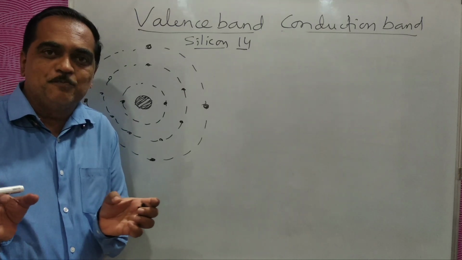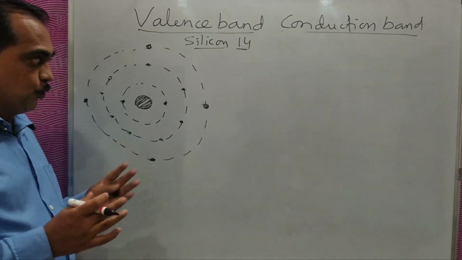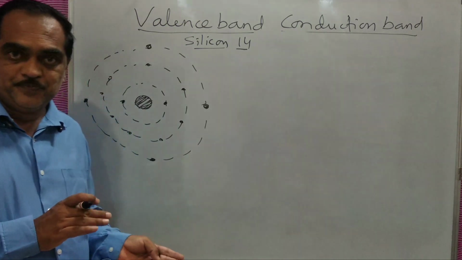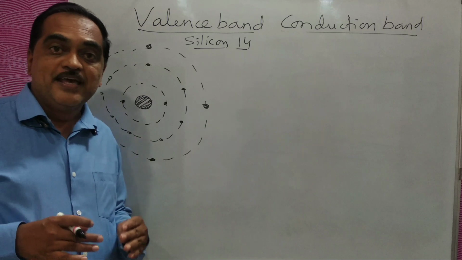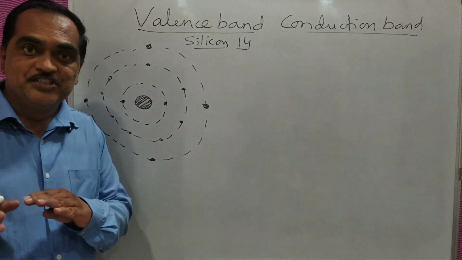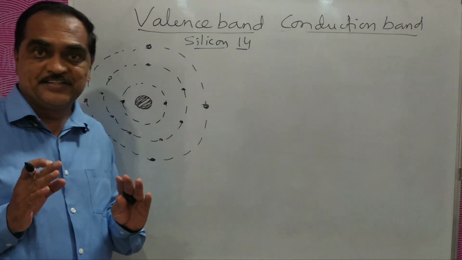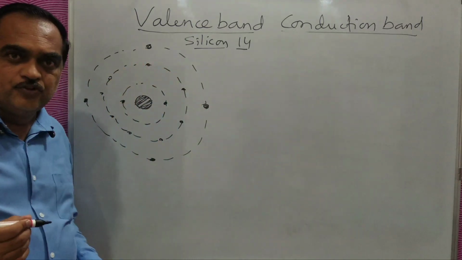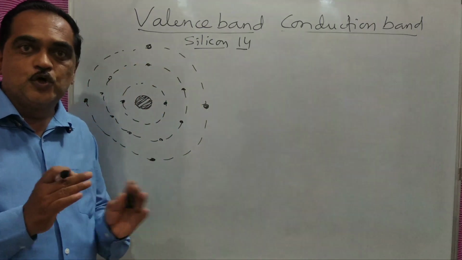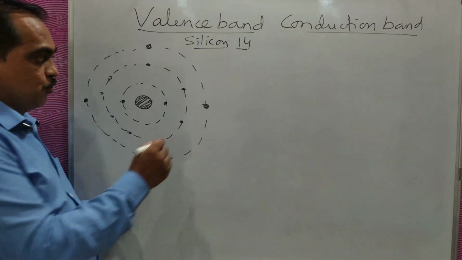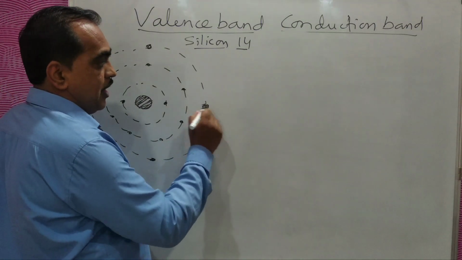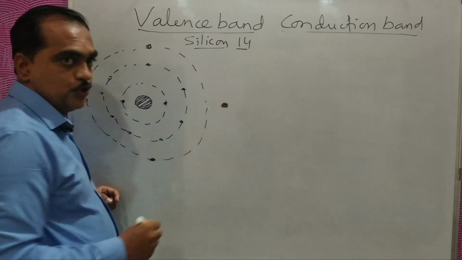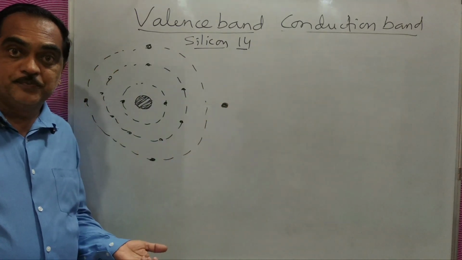That attraction will not be very high, and due to that, if you apply any external energy like heat or light, out of these 4 electrons, you can detach 1 or 2 electrons from that. So you can detach this 1 electron out. This can come out of the atomic structure.